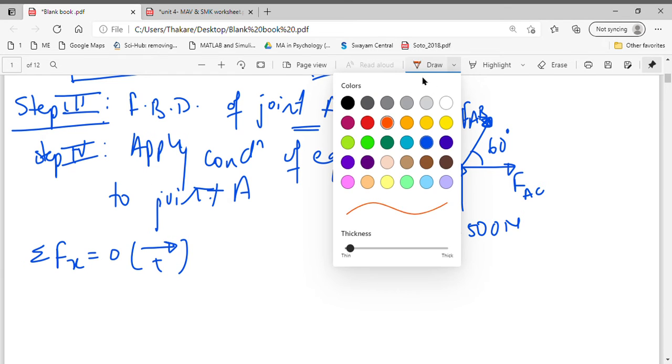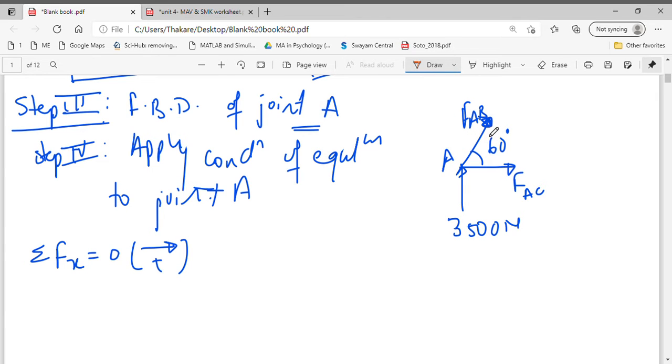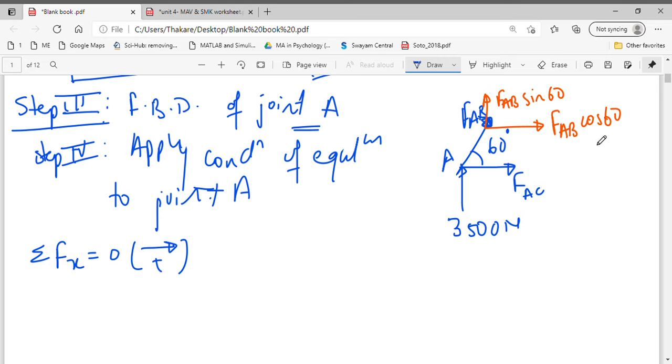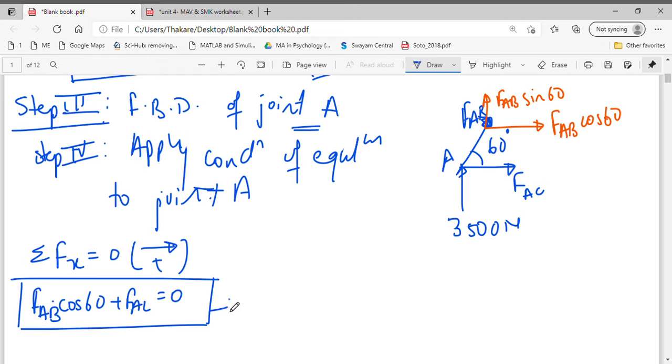Here you have one inclined force of FAB. Its horizontal component will be FAB cos 60 and its vertical component will be FAB sin 60. Since the angle is given with respect to horizontal, the horizontal component is cos and vertical component is sine. Both the forces are acting towards right, so you will have FAB cos 60 plus FAC equals to 0. Let this be your equation 1.